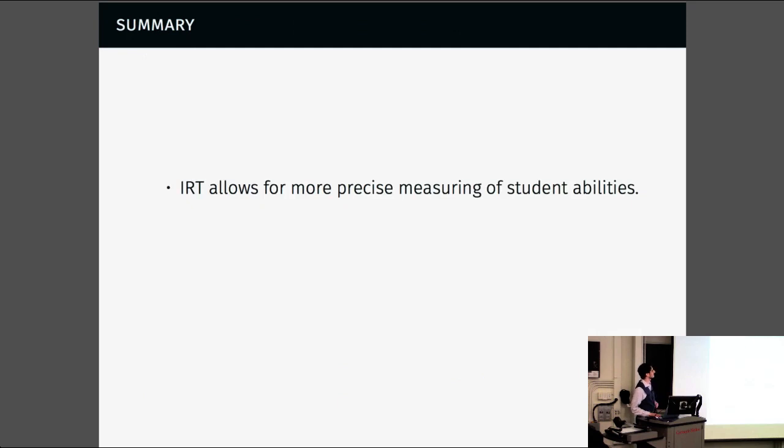Okay, so to wrap up, as a summary, we saw that IRT, item response theory, allows for more precise measuring of student abilities than we might be able to do with a classical test, right? Because we're basically taking the item difficulty and the item discrimination into account when measuring student ability, which we don't typically do when we administer a regular test.